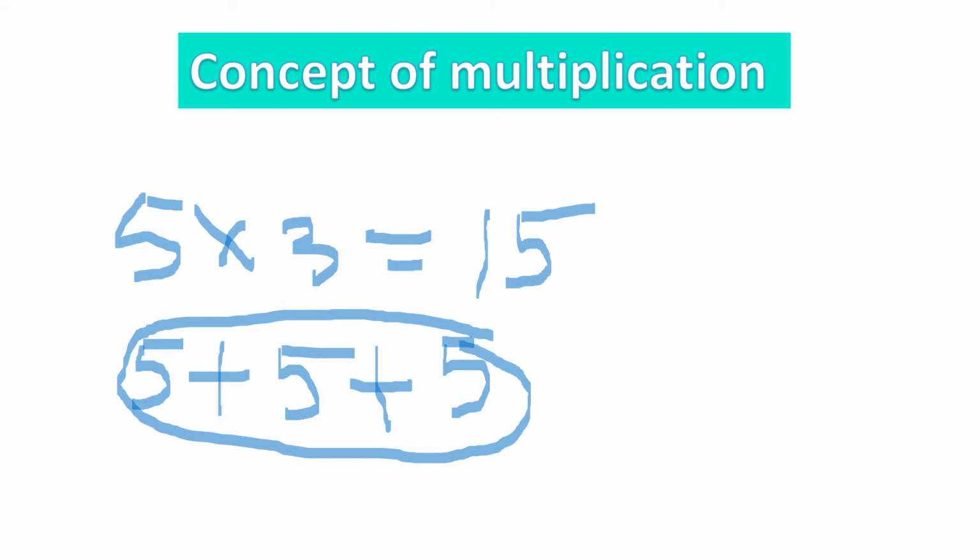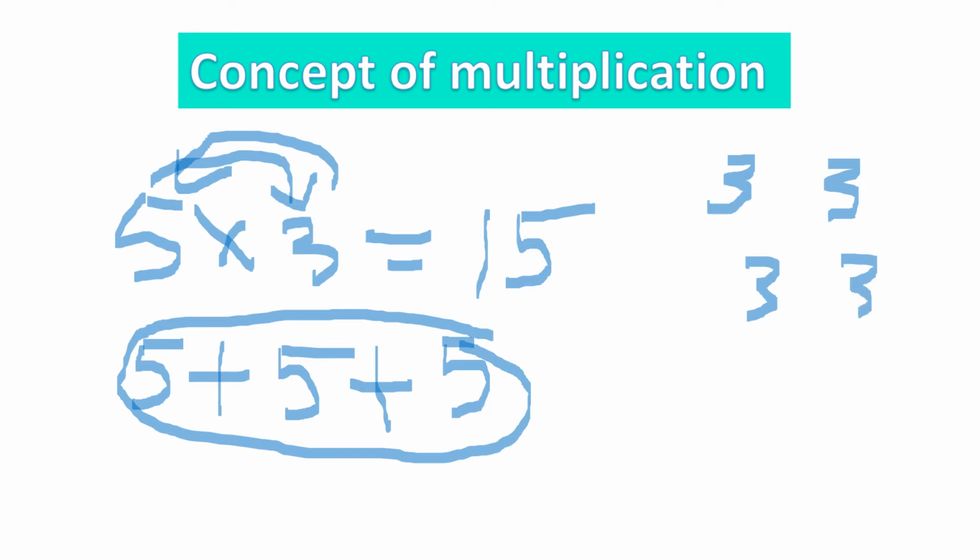So 5 into 3 means 5 3 times, or this one can be reversed also. 3 5 times also. If you take 3 5 times, let's see. 3 3 3 3 3. So I took 5 times. Now add it and see. 3 plus 3, 6. 6 plus 3, 9. 9 plus 3, 12. 12 plus 3, 15.